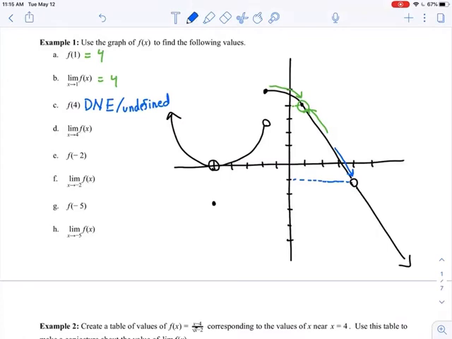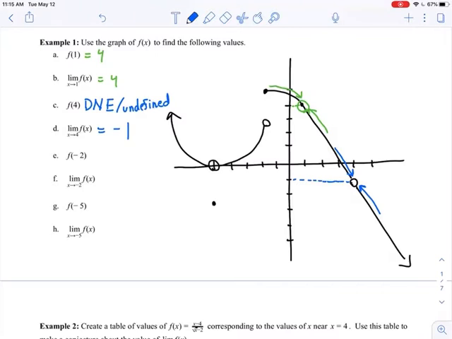I then also need to check the other side. As I approach from the right-hand side, I'm getting closer and closer again to that hole where my function doesn't exist, but that doesn't matter. I'm getting closer and closer to that point. So here I would say that my limit as x approaches 4 is equal to -1.